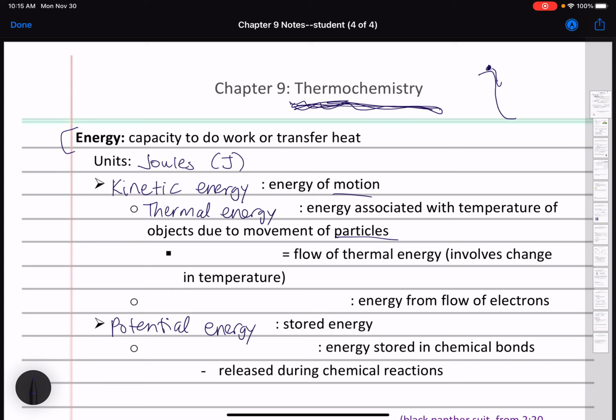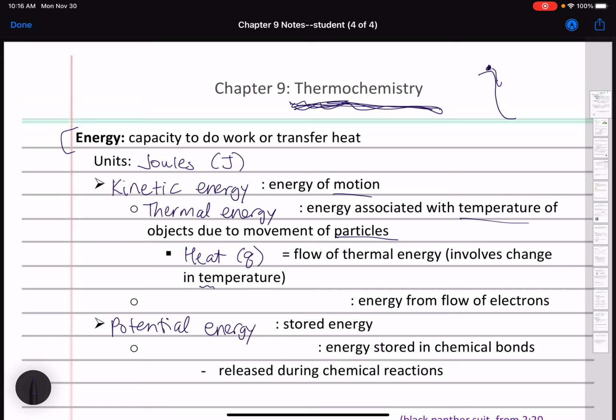We can measure thermal energy using temperature. Temperature is a measurement of the amount of heat in something. Heat is represented in chemistry with the letter Q. I don't know why Q is the chosen letter, but it is. Heat represents flow of energy, and we can measure the amount of heat flow by measuring temperature.